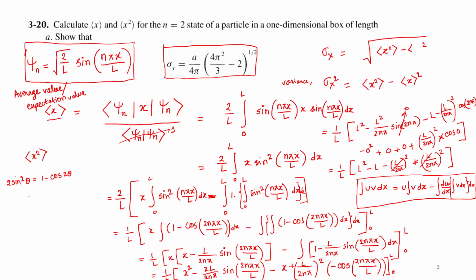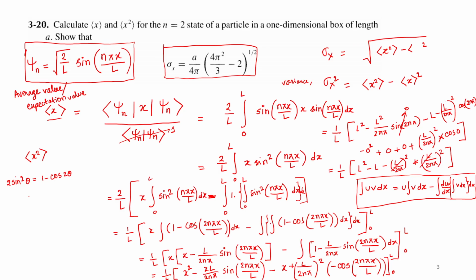So I have done that in this step, 1 by L, integration of 1 minus cos 2 theta, something like this, dx, minus integration. I'm just quickly recapitulating where I could have made the mistake.